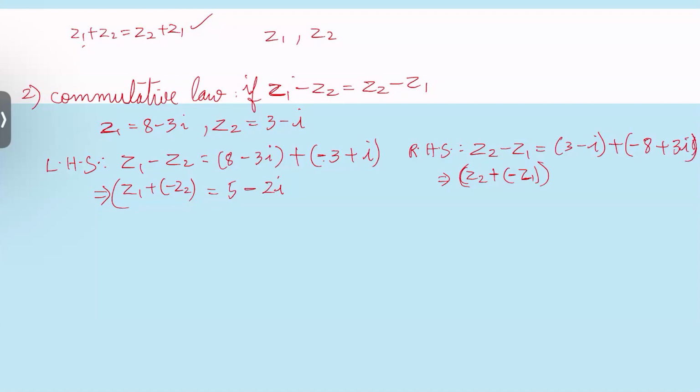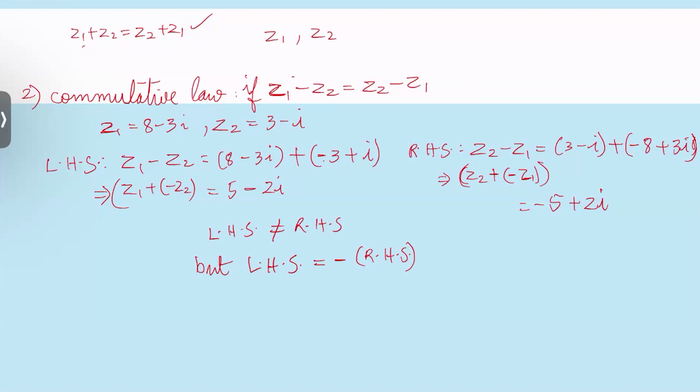So what we get now is minus 5 plus 2i. Now you will see that the LHS is not equal to the RHS, but the LHS is equal to the negative of the RHS.